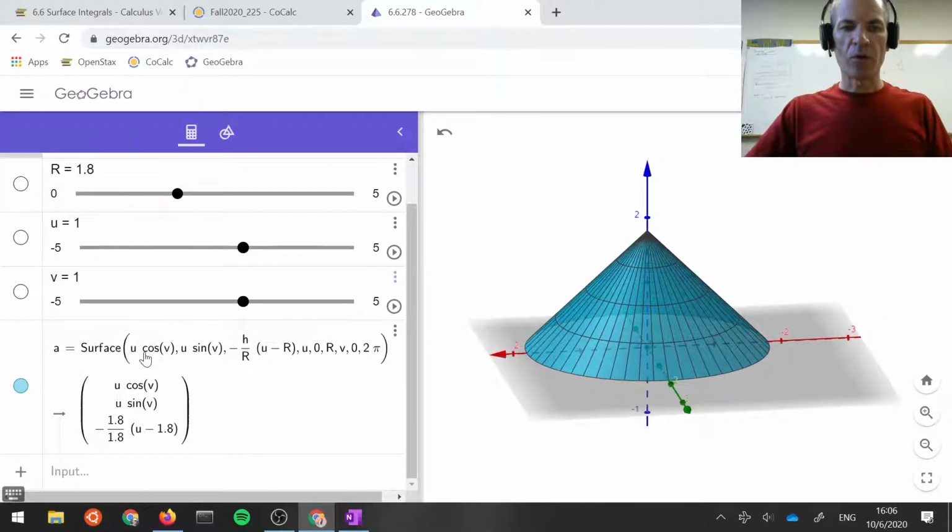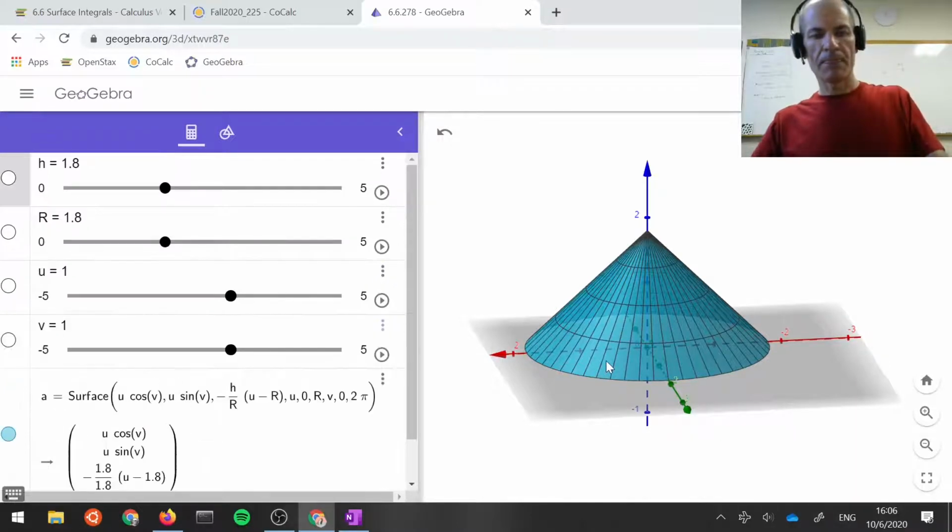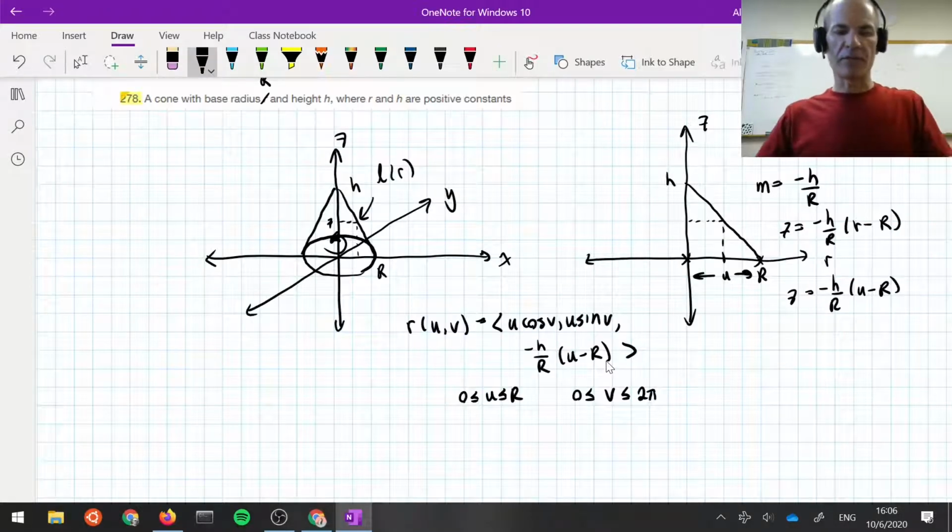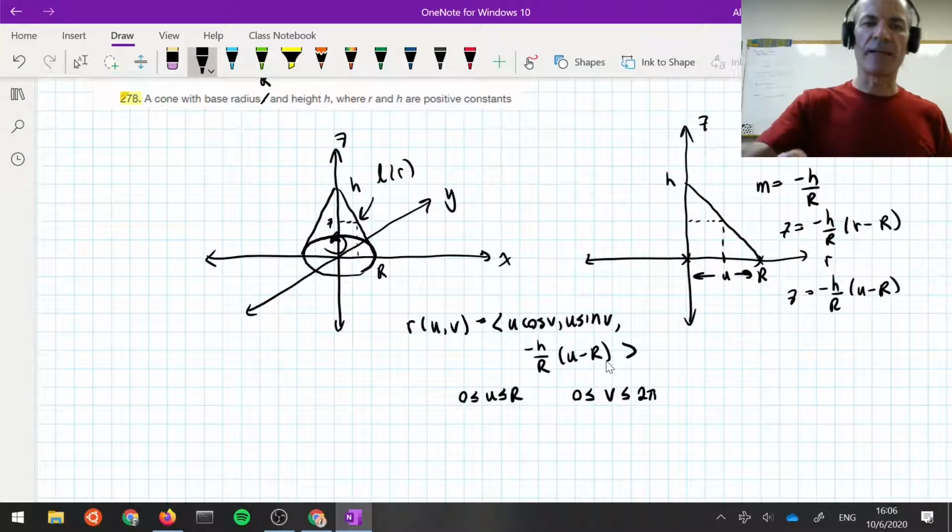I give the 3 coordinates in terms of u and v, and then I say that the u parameter goes from 0 to r, and the v parameter goes from 0 to 2 pi. And all of that information comes together to give me this conical surface. And that just verifies that this parameterization is what I claim it to be.